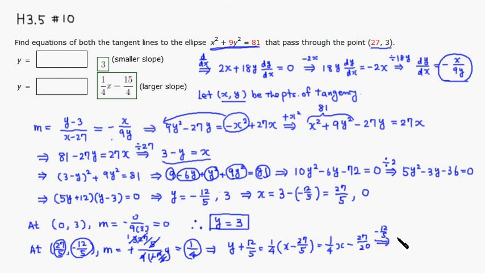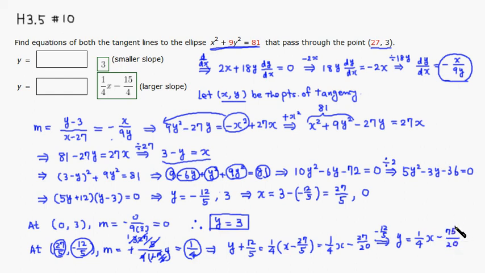You get y is equal to 1 over 4x, right? So that's going to be minus 12 over 5, which is the same as 48 over 20. So minus 48, so 75 over 20, right?